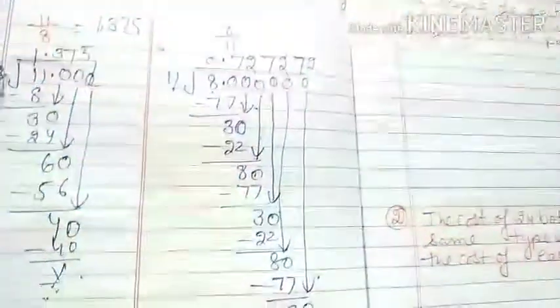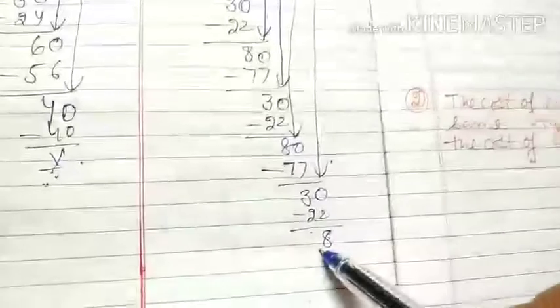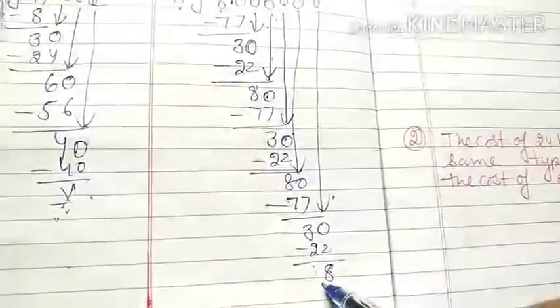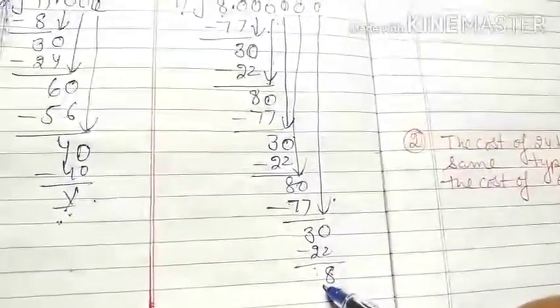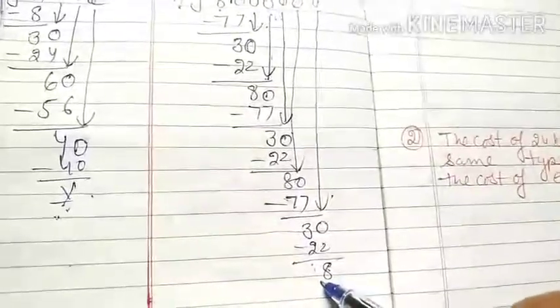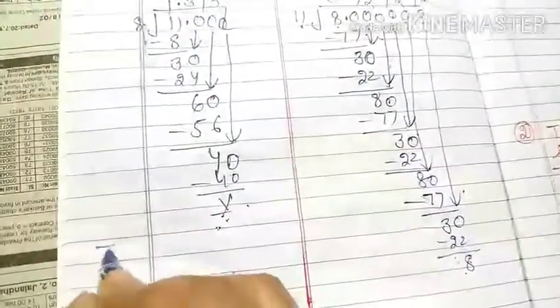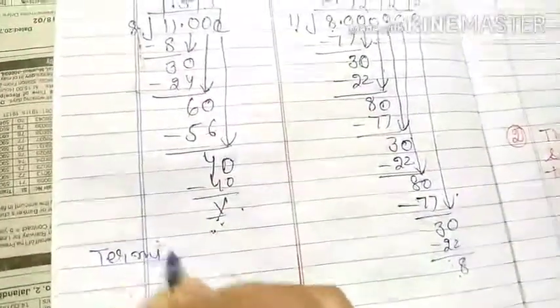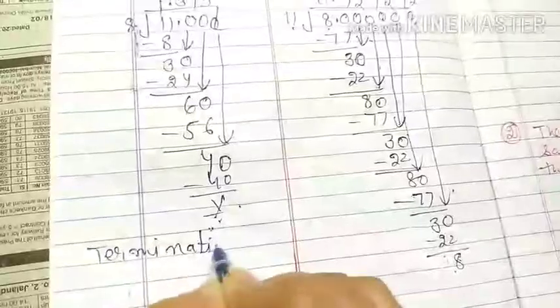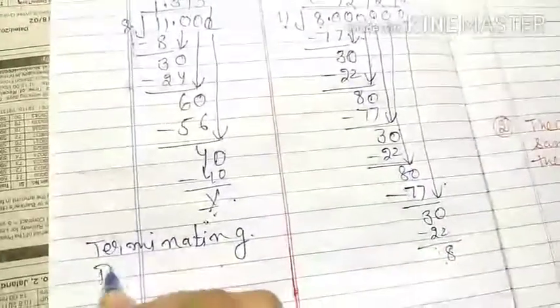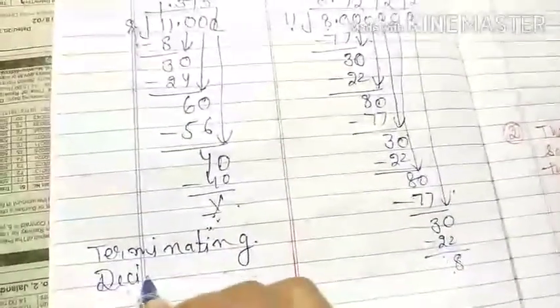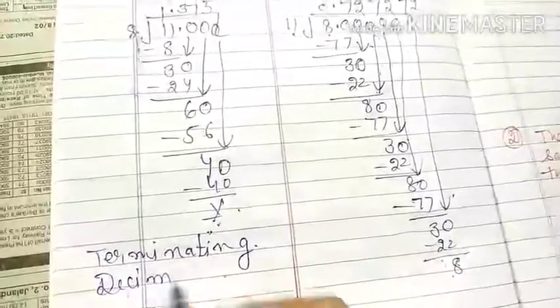Here 72 is repeated again and again, and I check that the remainder will never be 0, so that number we call non-terminating. And where an end is possible, we call this a terminating decimal number, or terminating fraction.